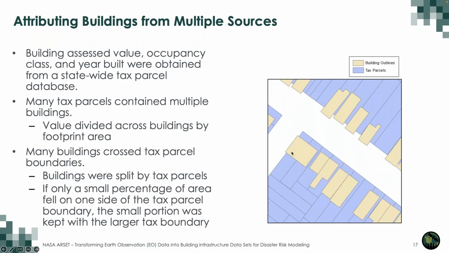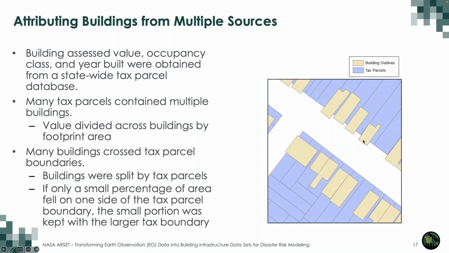So that's the example you see on this corner, where this building crosses both tax parcels. And that's just two buildings that are built together with no roof line. So the algorithm to extract the rooftops extracted it as one. So in this case, we would split the building from one into two buildings, and each part of the building would get the value and the occupancy class from the tax parcel that it falls inside.